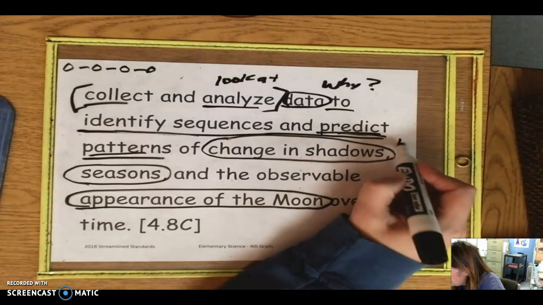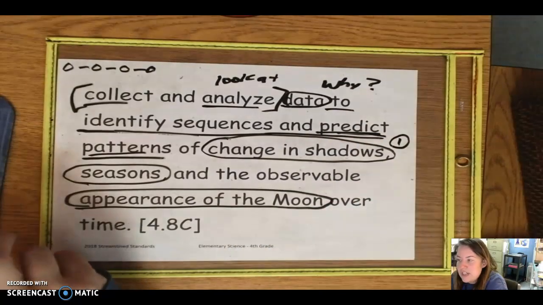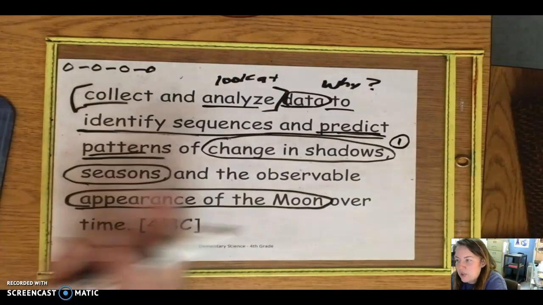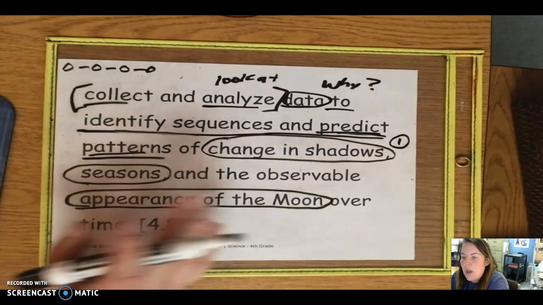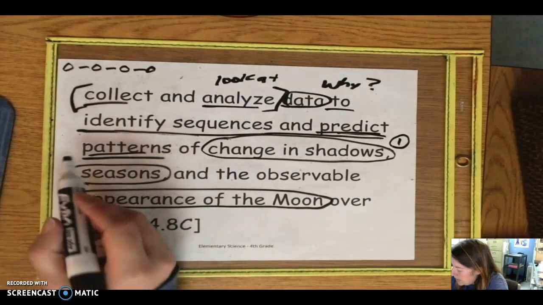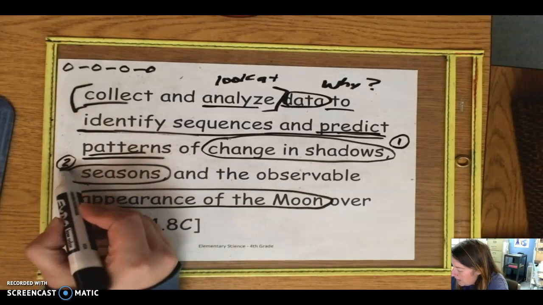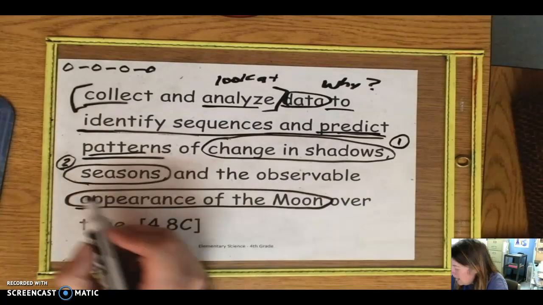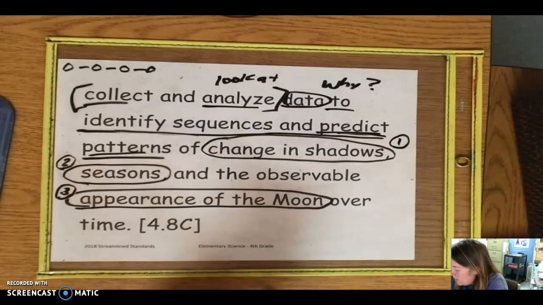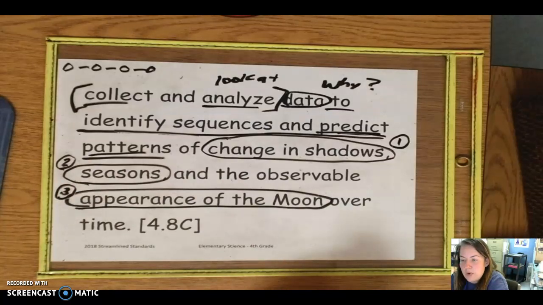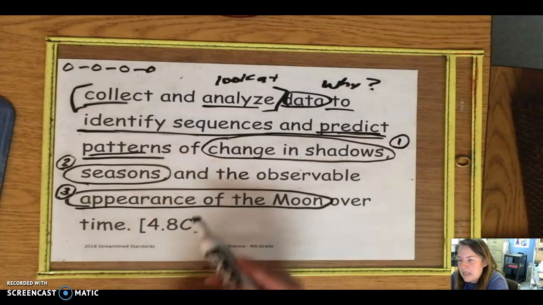The first one is the changes in shadows, how shadows change according to where the sun looks to be. 2 would be the pattern of seasons, and 3 would be the pattern of the appearance of the moon. The moon doesn't always look the same, right? So those are the 3 main topics we are going to study this 6 weeks.